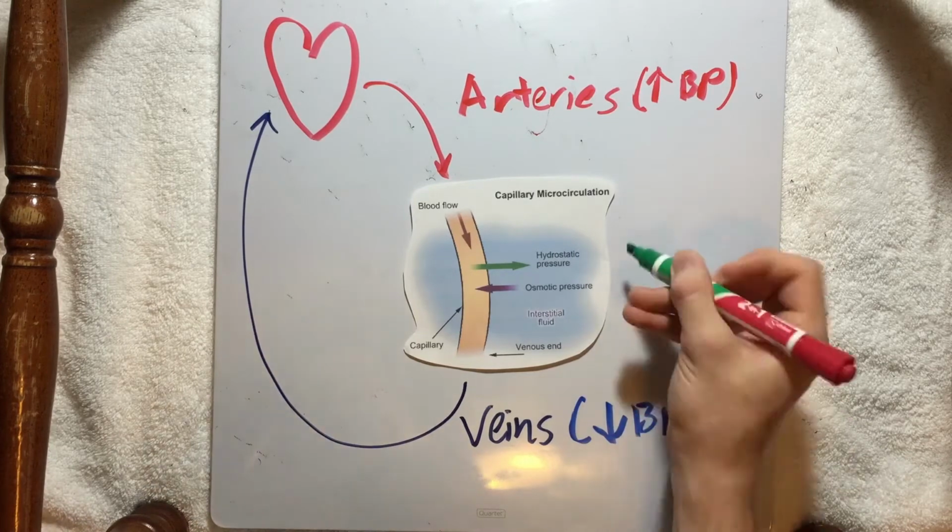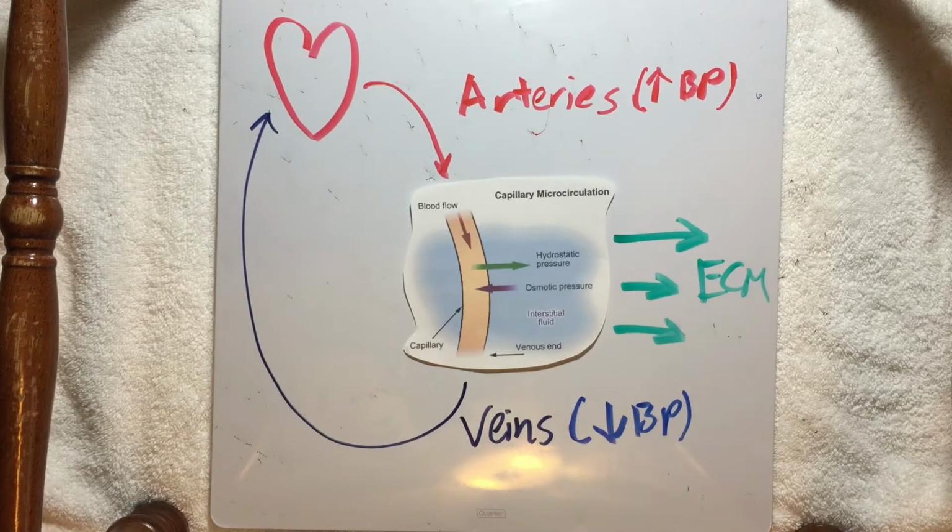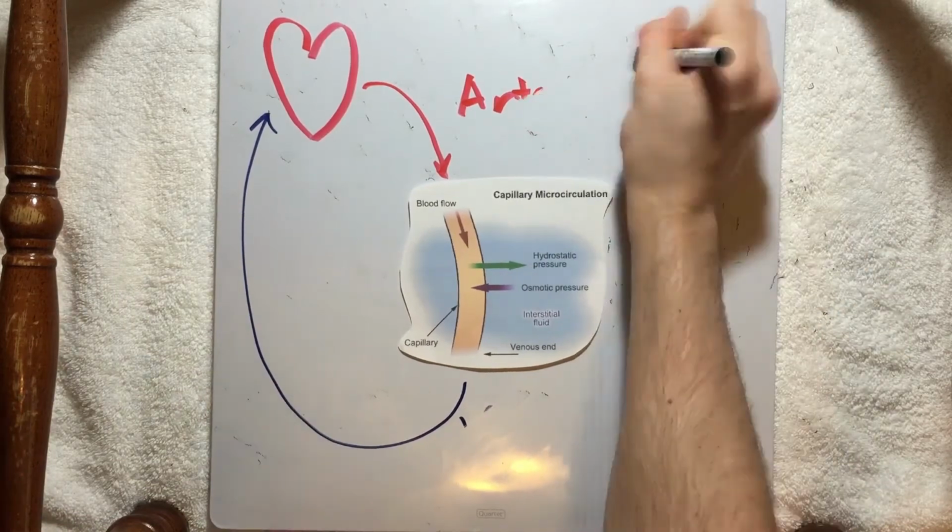And this is that hydrostatic pressure you see in that image. It forces it into the ECM, or extracellular matrix, which then makes it interstitial fluid. It then gets sucked back up into the capillary near the venous end, which becomes the veins, through osmotic pressure differences.